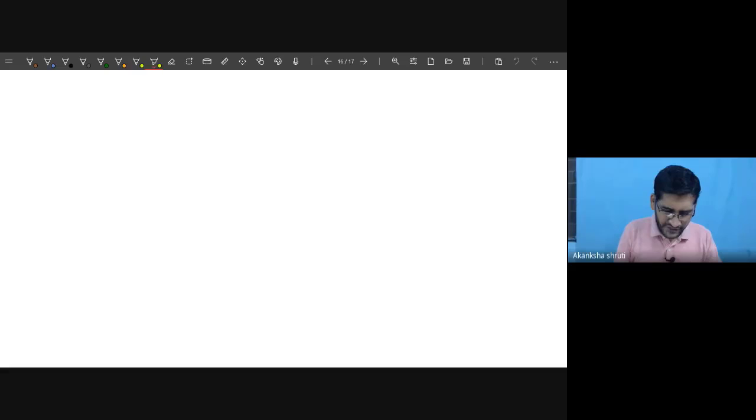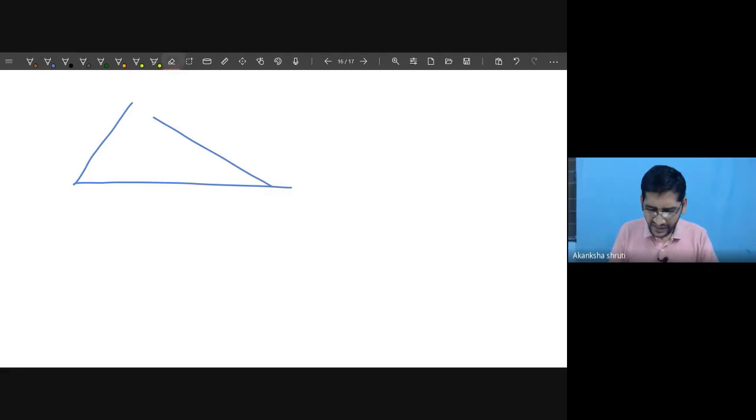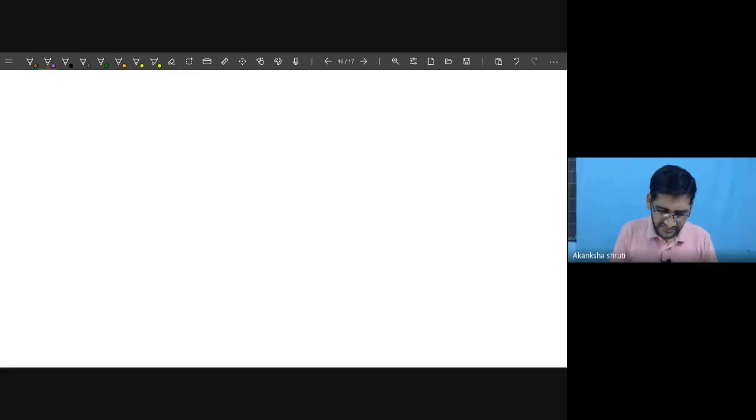The other property of a triangle is like this. Consider a triangle ABC, any kind of triangle. It is not any specific kind of triangle.